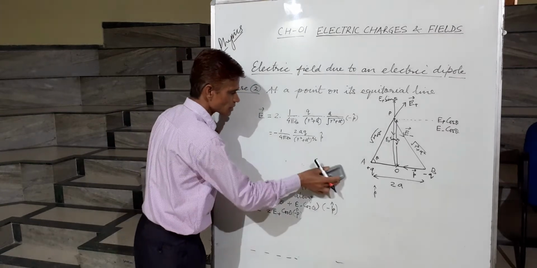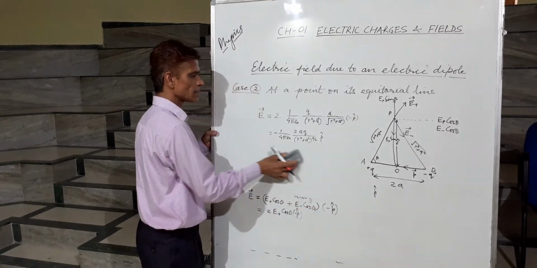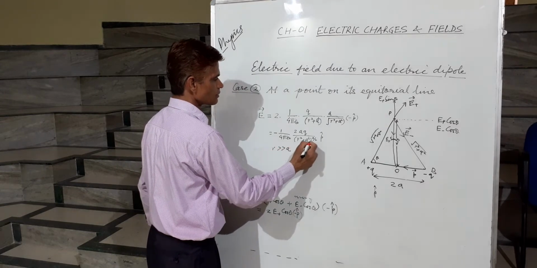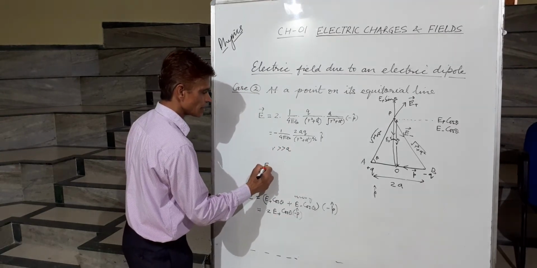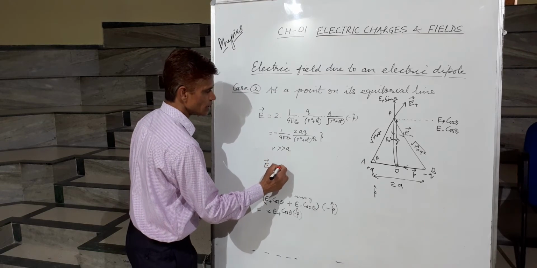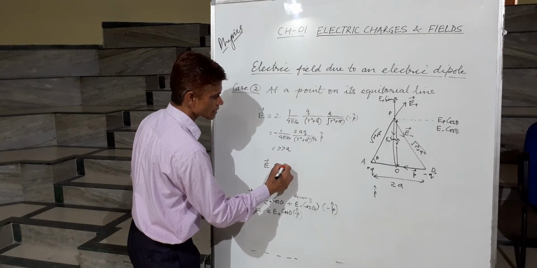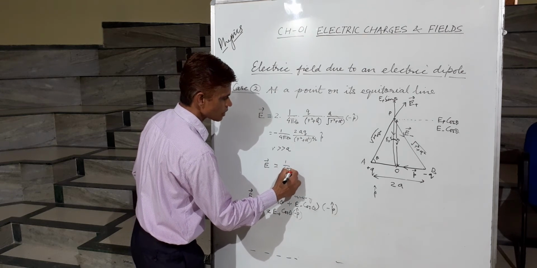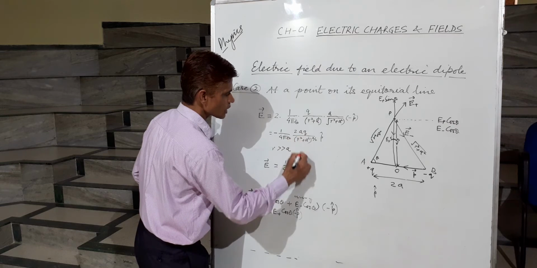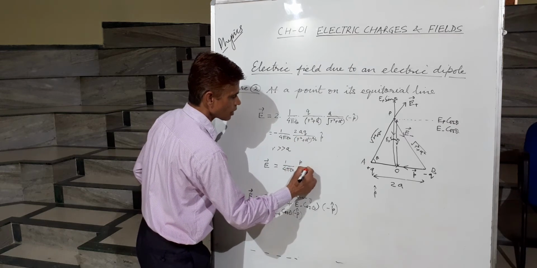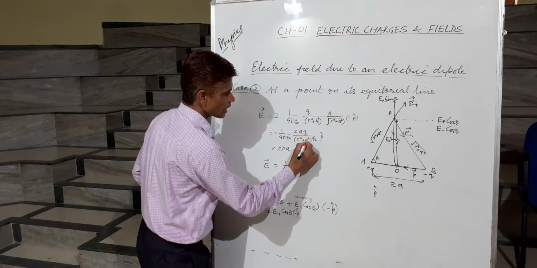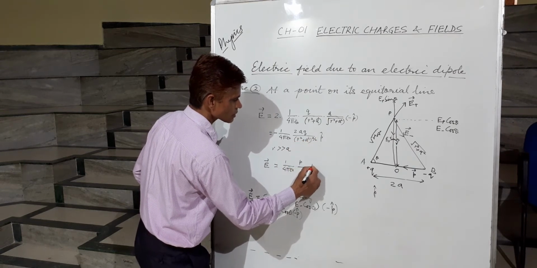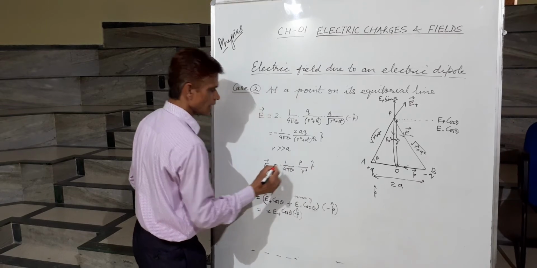Now as you observe, r is much greater than a, therefore we can neglect a, and finally we get the electric field at a point on its equatorial line at distance r equal to 1 by 4 pi epsilon naught into 2aq, that is p, upon r square to the power 3 by 2, that is r cube, into p cap, with the negative sign.